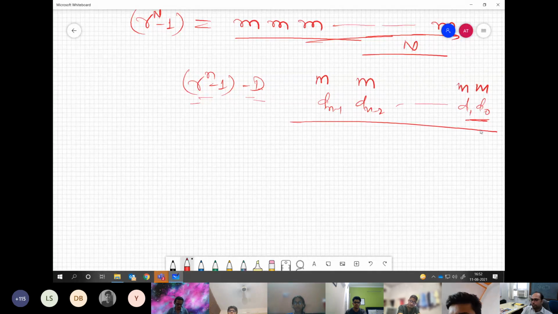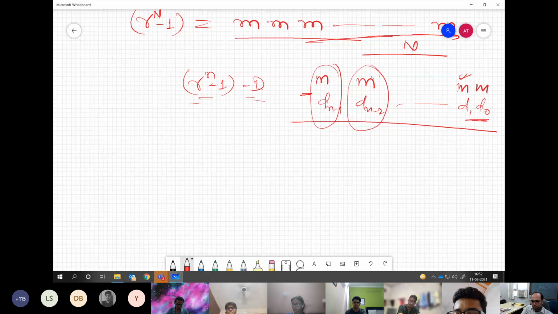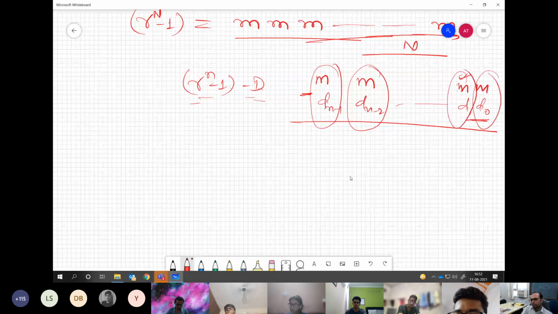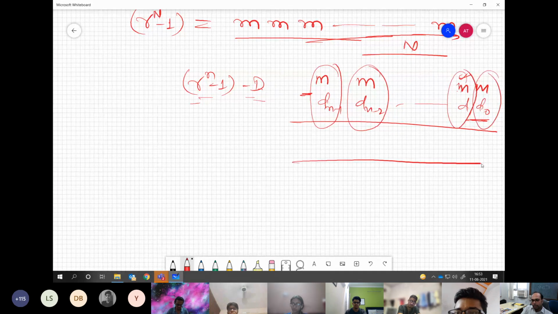Isn't it? Yes, sir. It need not borrow anything from the previous digit because this is the highest. At the most, di could be equal to m. So it's like an independent subtraction you are doing for each digit, and you are getting the result and then finally adding 1.